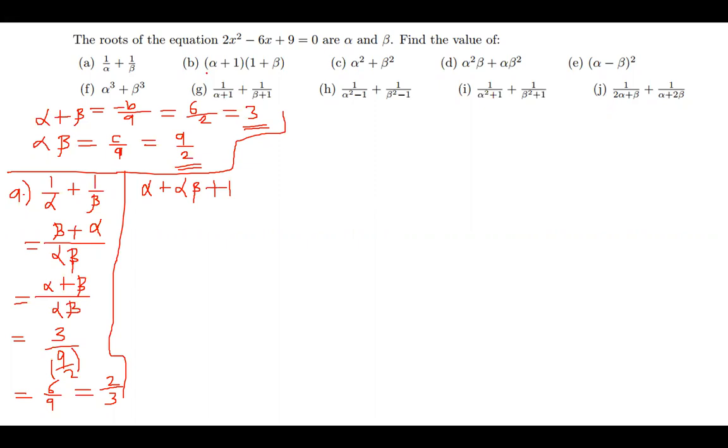I'm multiplying these two here, because alpha times 1 you get alpha, alpha times beta you get alpha beta, and then 1 times 1 you get 1, 1 times beta you get beta.